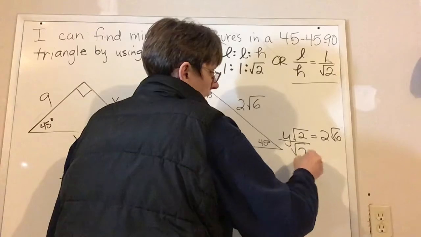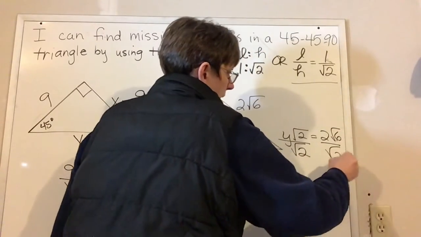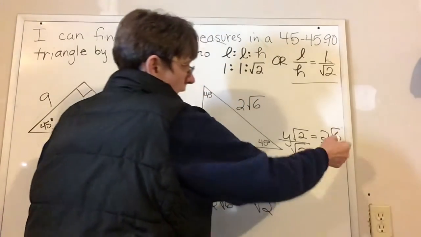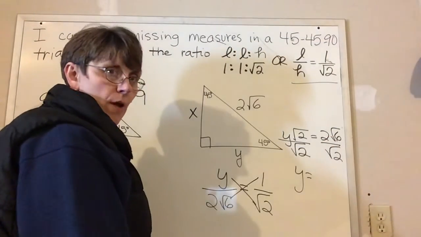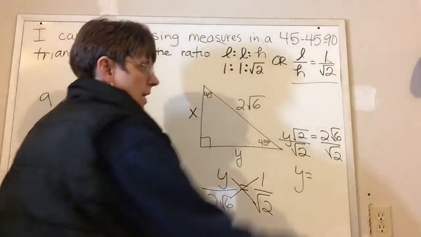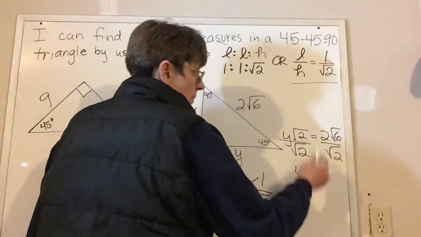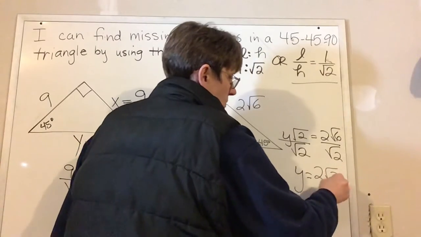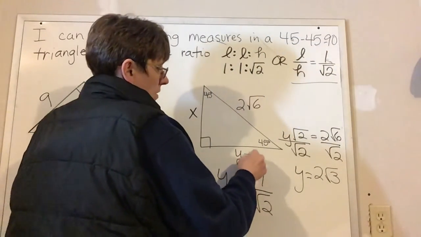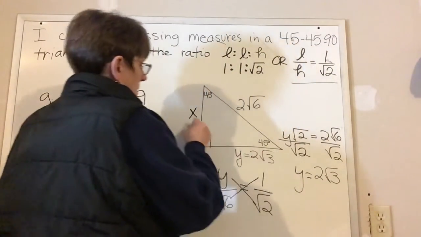So I'm going to have to divide by the square root of 2. But don't panic. I have a square root of 6 being divided by a square root of 2. They're both inside of radical signs, so I can divide. 6 divided by 2 is 3, but it has to stay inside the radical. So 2 times the square root of 3 is what the length of each of the legs is going to be.